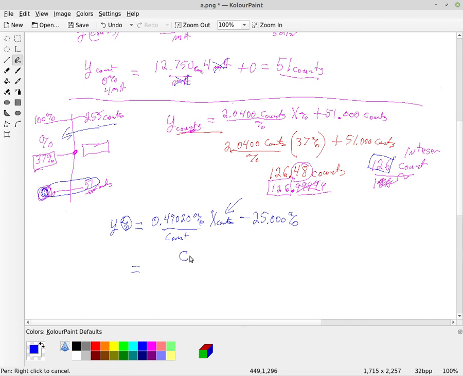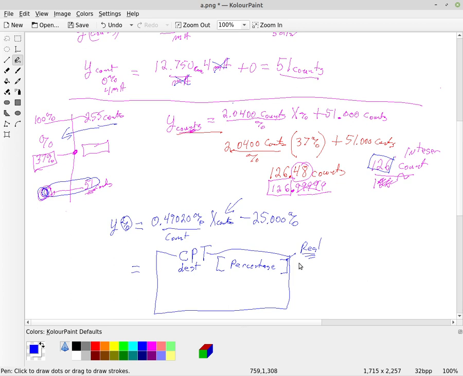So inside of the PLC, we would have our ladder logic, and we would have a compute box here. Okay, and the destination of this, there would be a destination, and we would have a tag here, which would be a floating point real value called percentage. So we'd create a tag percentage, which would be a real floating point type number.